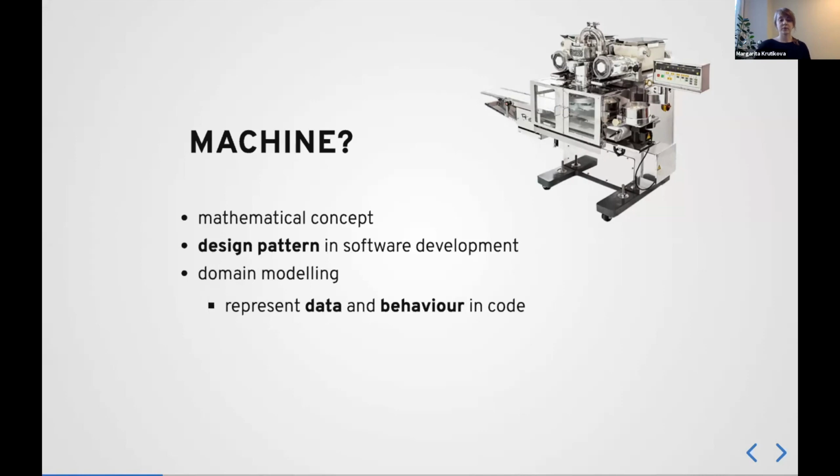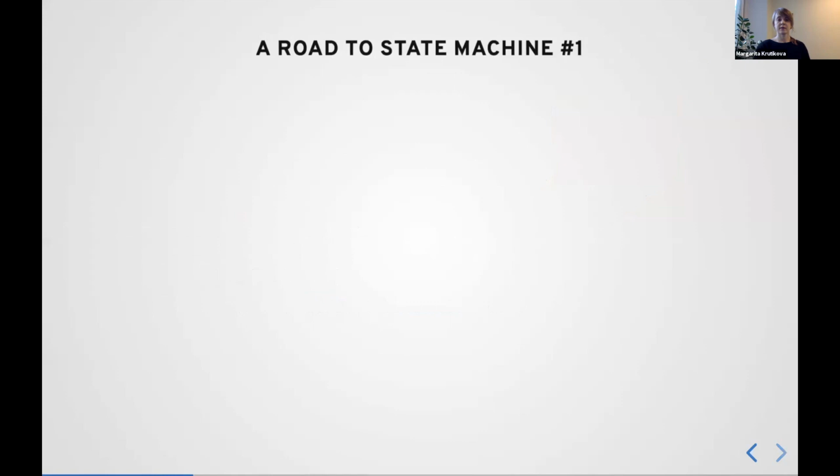And domain modeling we can understand as representing data and behavior of a concrete area of our application in code. So that's basically it for a little introduction, and I think we are ready to start our little journey.